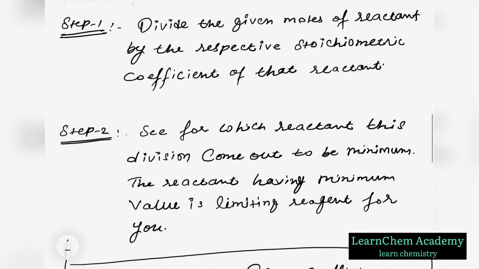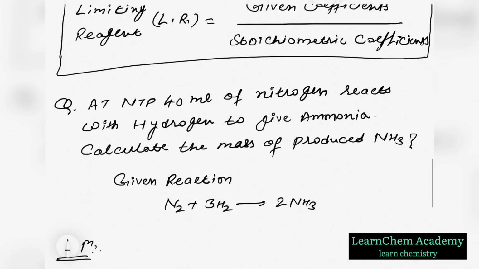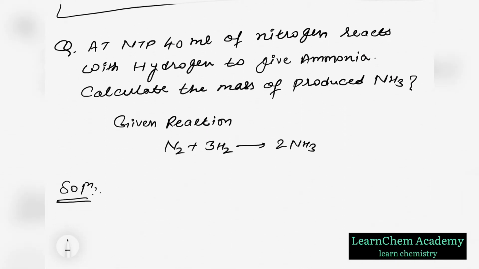Second, see for which reactant this division comes out to be minimum. That will be our limiting reagent. Here in this balanced equation, 1 mole nitrogen reacts with 3 moles of hydrogen and forms 2 moles of ammonia. These are the stoichiometric coefficients of the balanced equation.